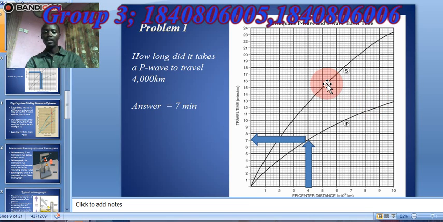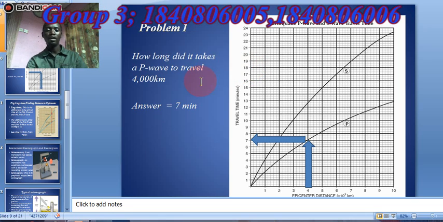So here is an example of how to use this kind of graph to make meaning of the information concerning P waves and S waves. Here is the first problem: how long did it take a P wave to travel 4,000 kilometers? When we are given this kind of problem, we use what we have been given.